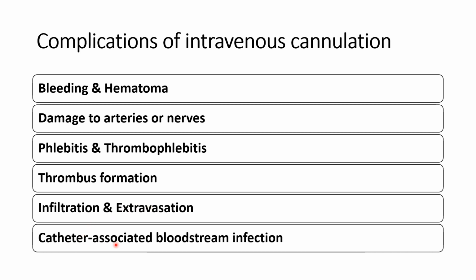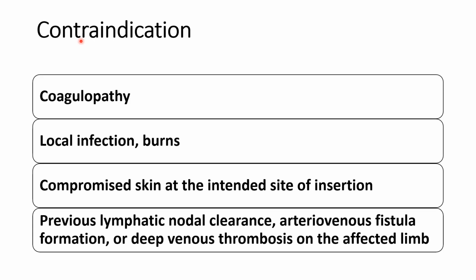Sometimes the patient can develop catheter associated bloodstream infections also. So all these are the complications of IV cannulation. Now, what are the contraindications of peripheral IV cannulation? There is no absolute contraindication. Relative contraindications are if the patient is suffering from any coagulopathy, or has a local infection or burn at the site of cannulation, then don't do it.